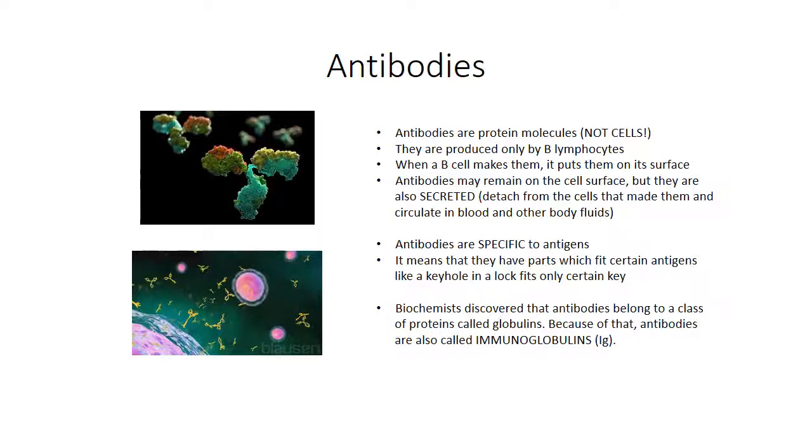There is a lot of antibodies in mother's milk, by the way, which is one of the reasons why breastfeeding is so wonderful, because it supplies the baby with some important antibodies which can defend the baby against invaders.